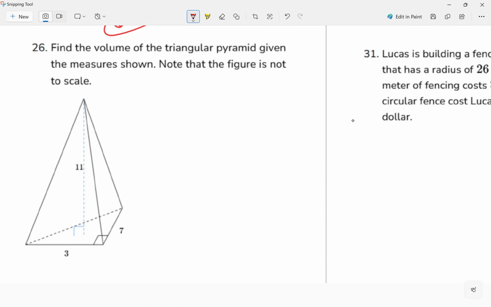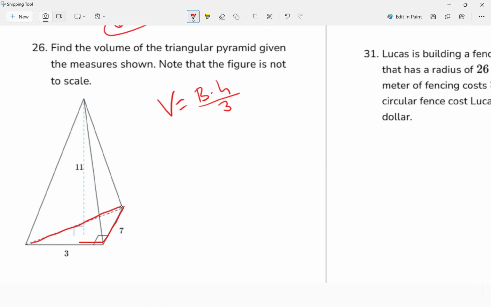Okay, so what's the volume of a pyramid? I know for pyramids and cones, I have to get the area of the base times the height, kind of like I do with prisms and cylinders, but then I divide it by 3. That's what we do with pyramids and cones. So in this case, the area of the base is a triangle.